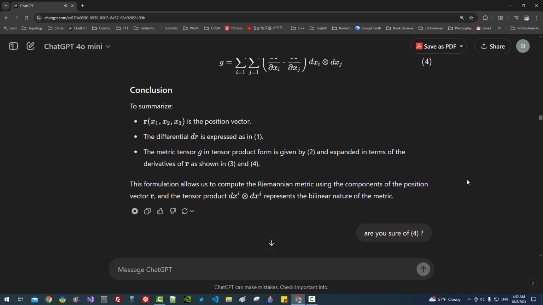The metric tensor G in tensor product form is given by (2) and expanded in terms of the derivatives of R as shown in (3) and (4). This formulation allows us to compute the Riemannian metric using the components of the position vector R, and the tensor product dxi ⊗ dxj represents the bilinear nature of the metric.